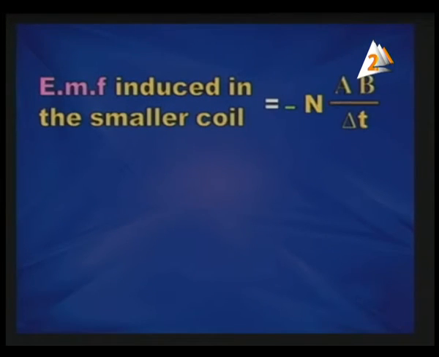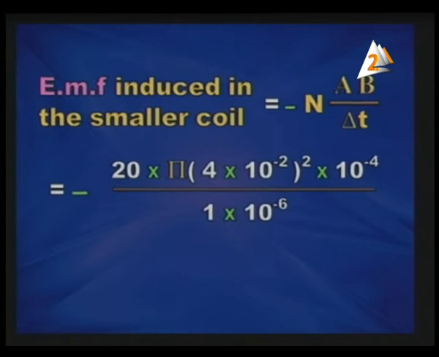EMF induced equals N A B over delta t. So negative sign, 20, area can be calculated as pi r squared, so pi times (4 times 10 power negative 2) all squared, times 10 power negative 4, over time 1 micro, so 1 times 10 power negative 6.